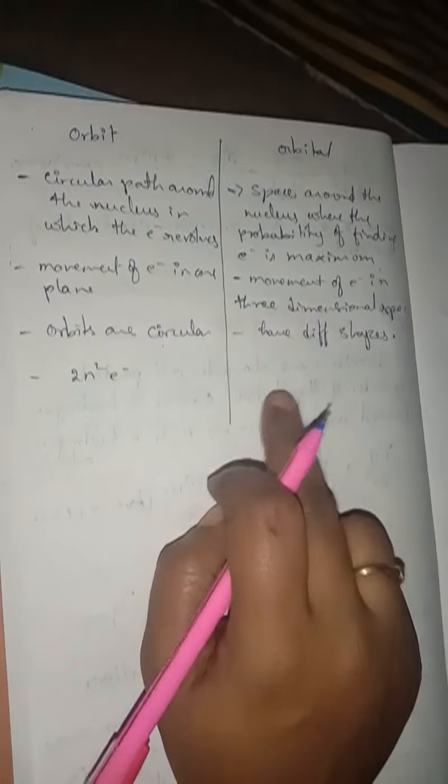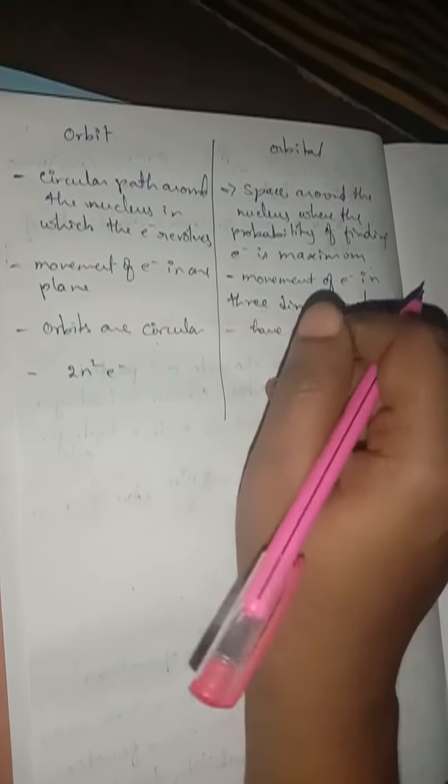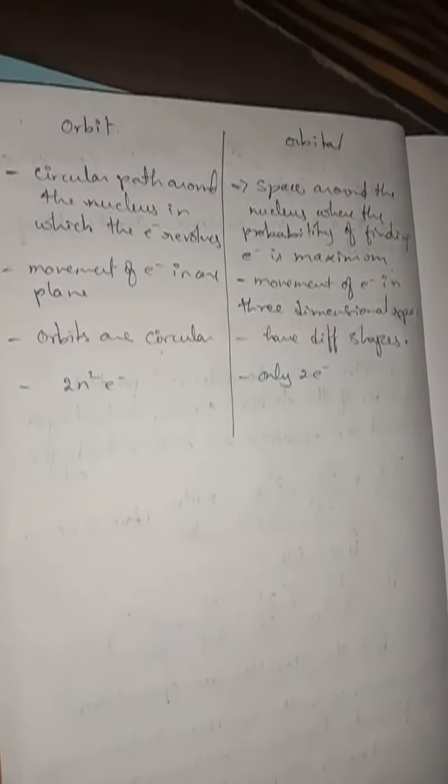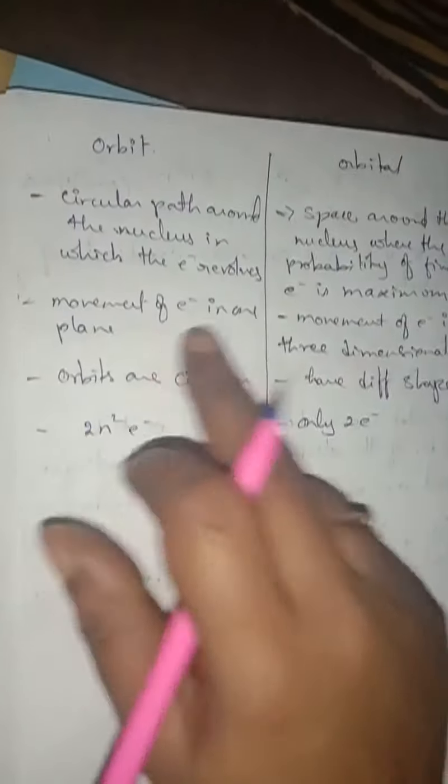So an orbit can have a maximum of 2n square electrons, while an orbital can accommodate a maximum of only 2 electrons. So this is the difference between orbit and orbital.